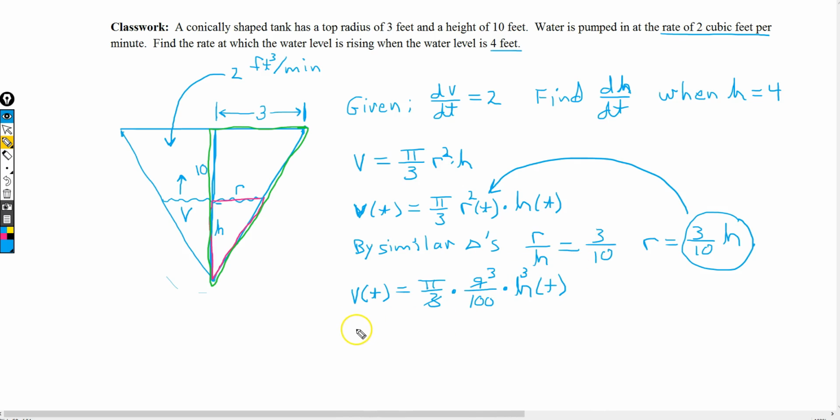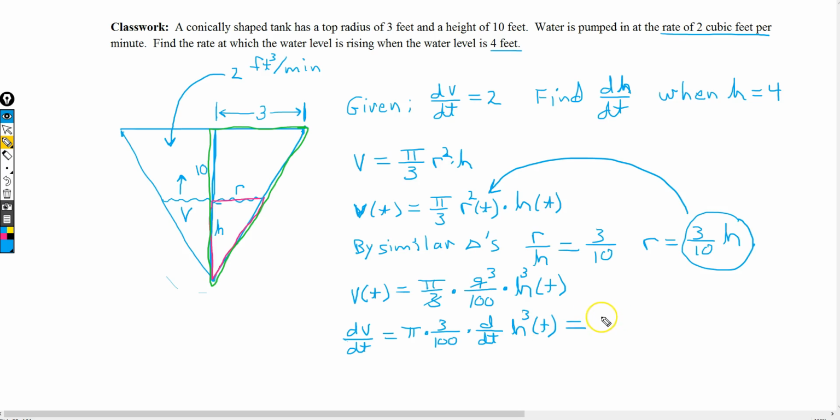So we will then have that, and now this side, when we differentiate h cubed with respect to t, that's just going to be 3h squared h prime, or 3h squared dh/dt.